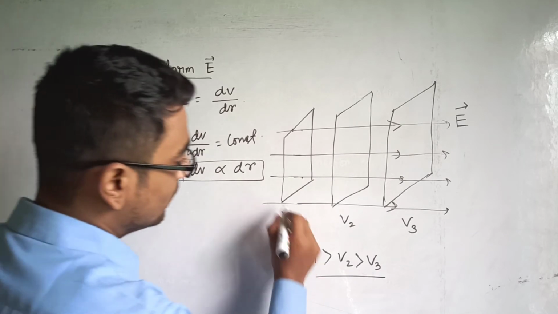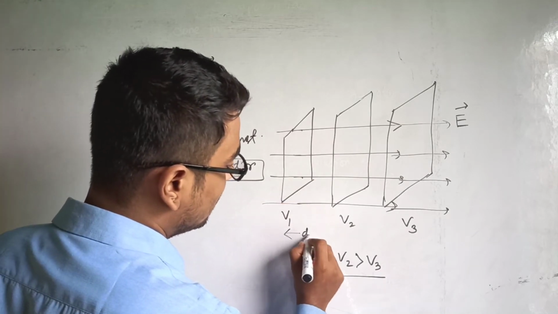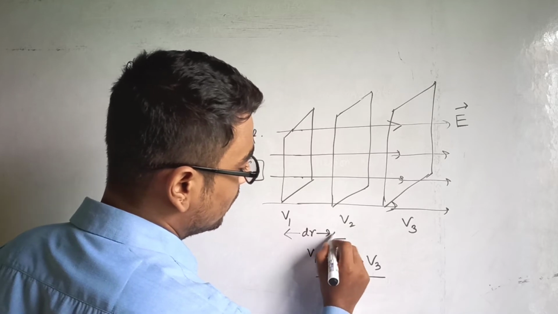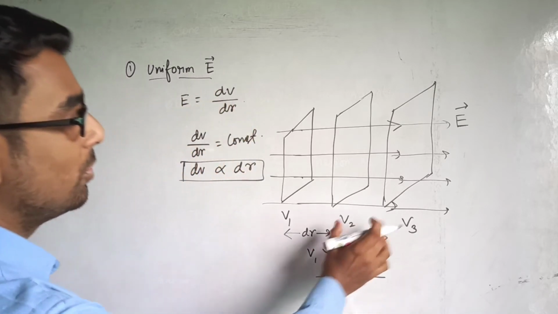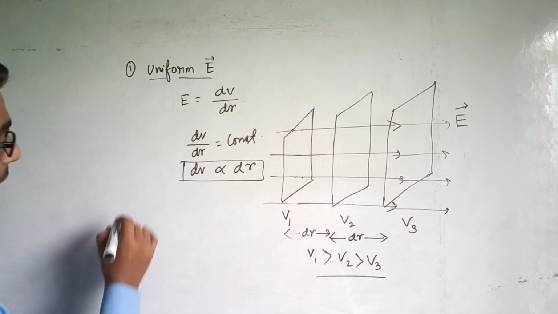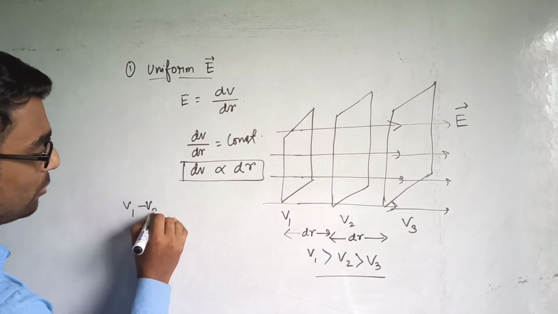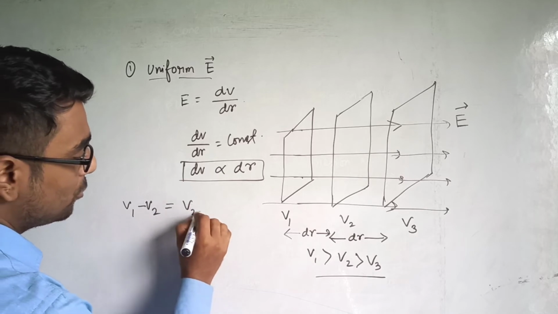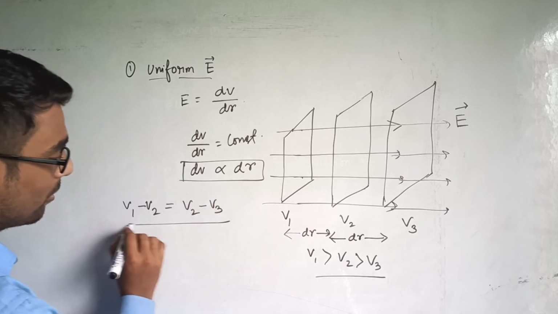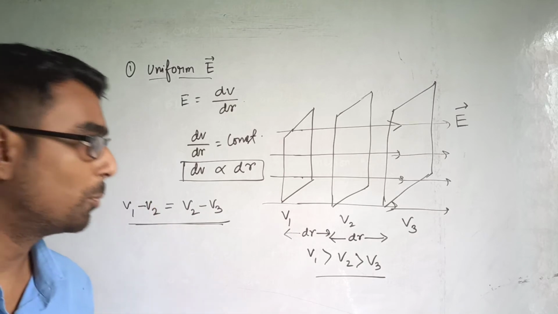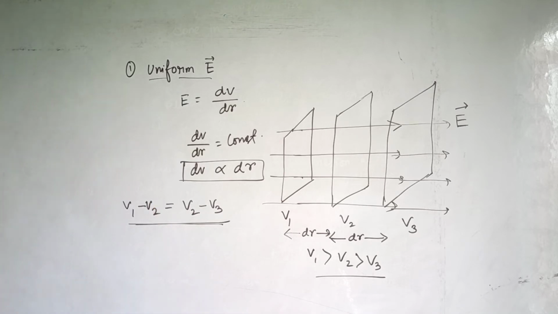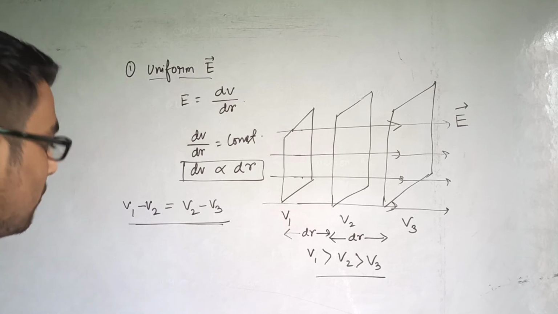Here if we take the distance between two potentials to be dr, here also dr will be the same distance between V2 and V3. In that case we can write V1 minus V2 equals V2 minus V3. That means dV is directly proportional to dr, and the equipotential surfaces are equidistant from each other.